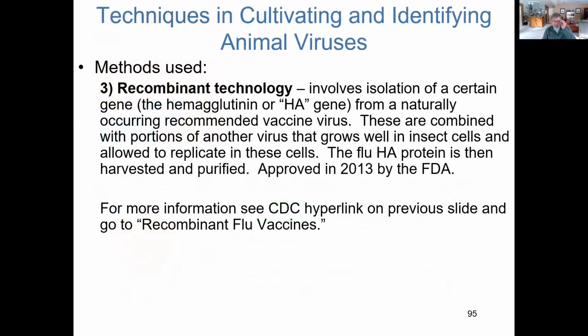More recently is this third method of cultivating, growing, and utilizing viruses, in this case by manipulating the genetics. So when we say recombinant technology, we're talking about recombinant nucleic acid technology. Nucleic acid, again, are DNA and RNA. You remember that some viruses are DNA viruses, some viruses are RNA viruses.